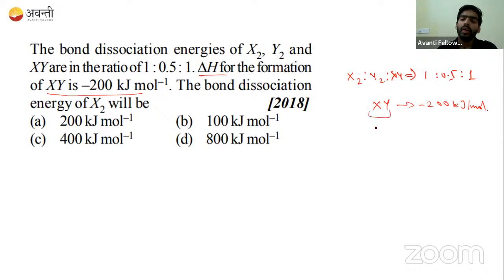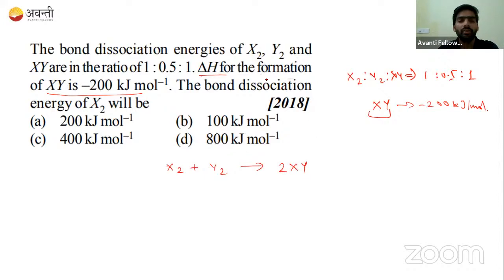So if we want to form the XY, you only think about how we can prepare the XY if it is given X2 and then Y2. If it is given X2 and then Y2, what will it give? 2XY, correct?